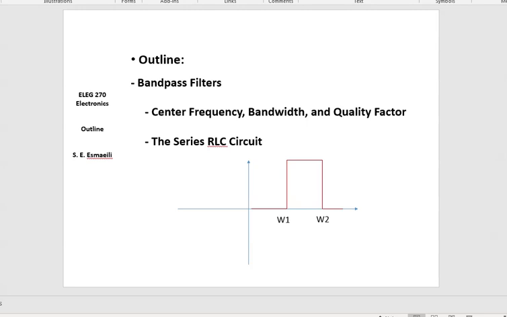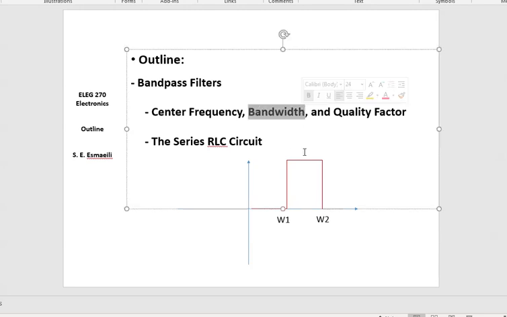Of course, number one, since this filter passes a certain band, between omega 1 and omega 2 there is going to be an area. This area is called the bandwidth of the filter. So the area between omega 1 and omega 2 is called the bandwidth. And the frequency in the middle of omega 1 and omega 2, right here, is called the center frequency.